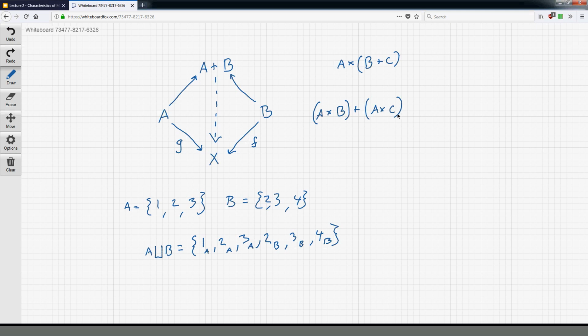Well, in Set, it turns out you can, and that makes sense. But in general, it's not the case. In fact, you need some more restrictions on the category. But there is a canonical morphism that goes that way, and one of your homework questions will ask you to find this morphism.